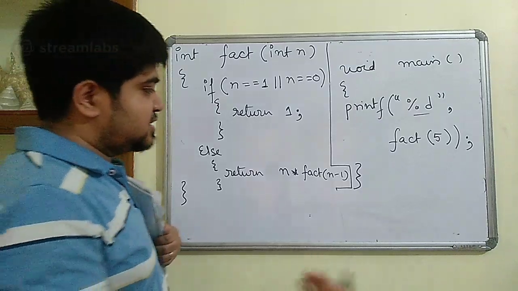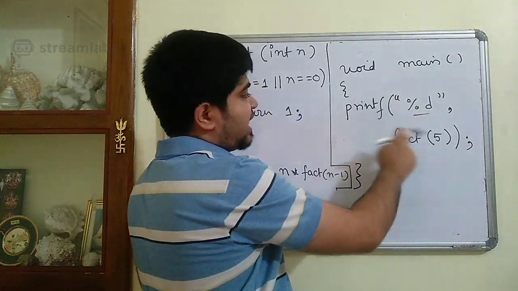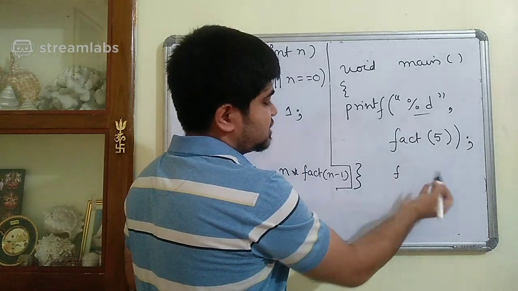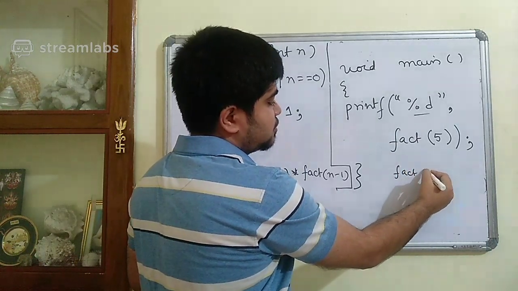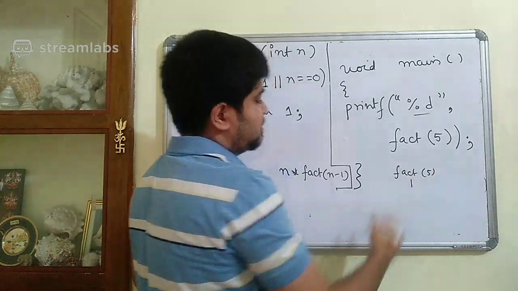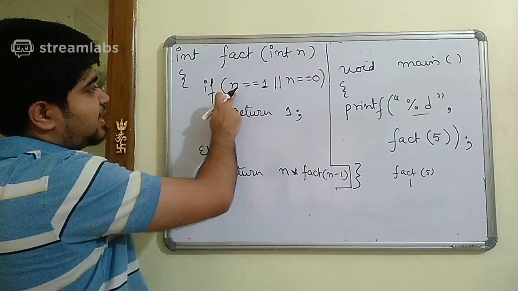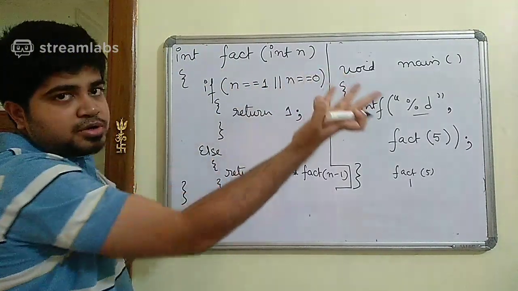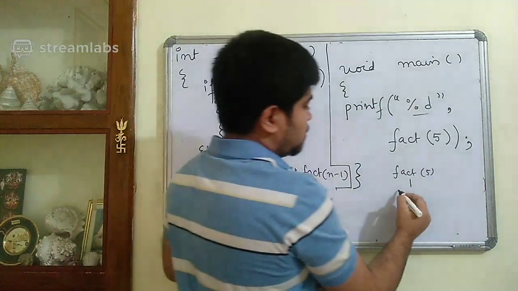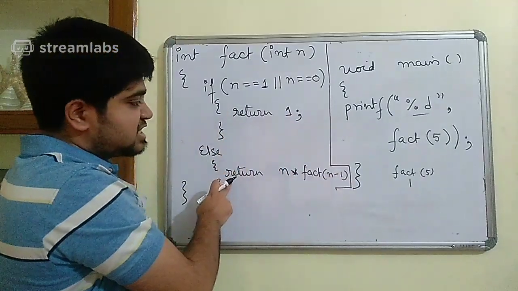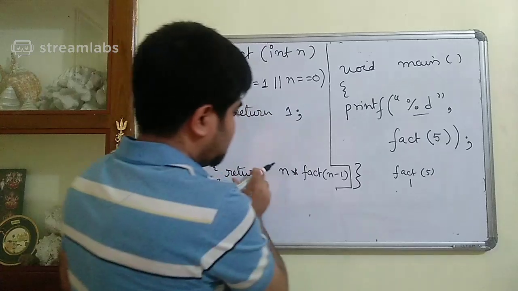Let's do it. Let's see what happens. So fact of 5 is called. So let's do it with a tree based approach. Fact of 5. This fact of 5 goes here. 5 is not equal to 1 or 5 is not equal to 0, right? So it goes into the else part, and what is returned?